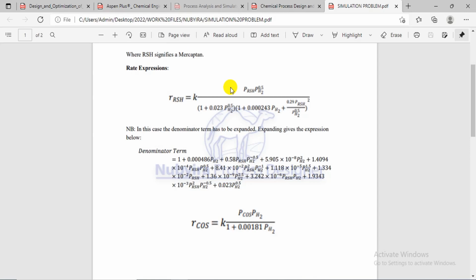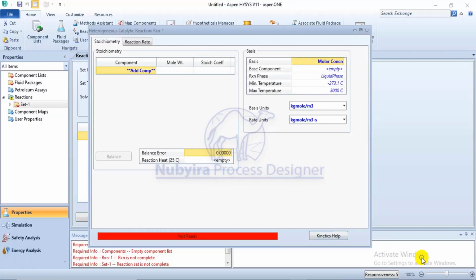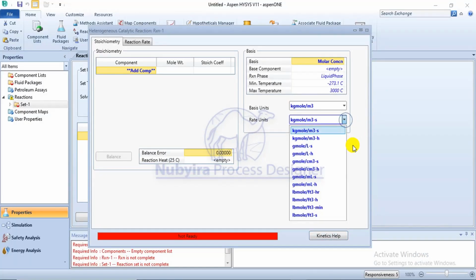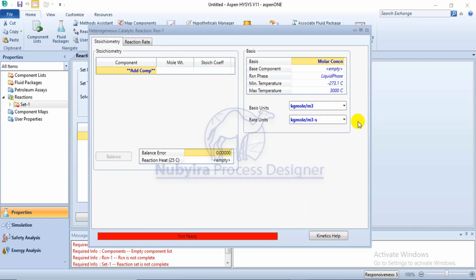And it also means that it should not be simulated with Aspen Hysys, because from what we have here, all of them are either in meter cube, liter, centimeter cube, milliliter, or feet cube, which means all the rate units we have in Aspen Hysys are based on reactor volume, right? So that's one of the things you want to check when you are simulating your heterogeneous catalytic model.